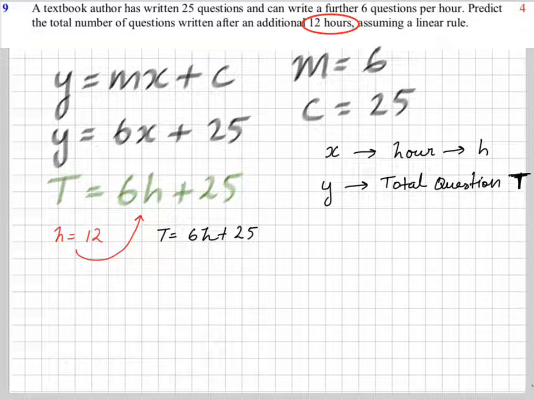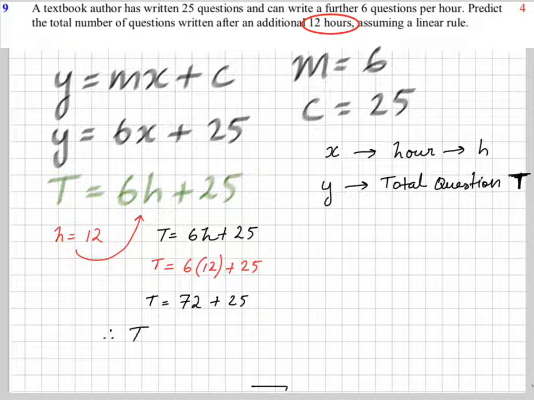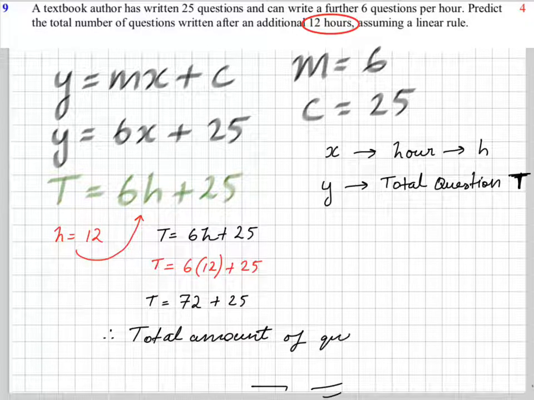I'm going to substitute the 12 in there. So t is equal to 6 times 12 plus 25. 6 times 12 is 72, plus 25. Therefore, my total amount of questions is 97.